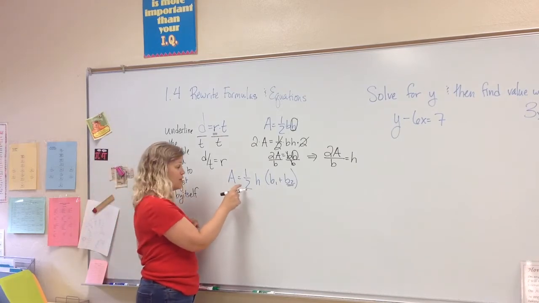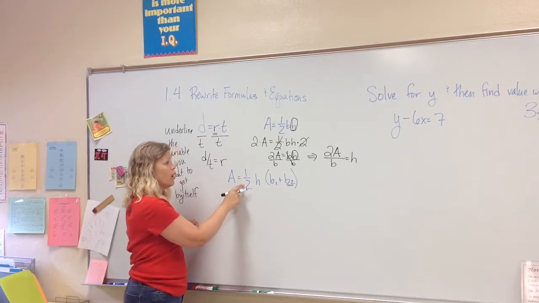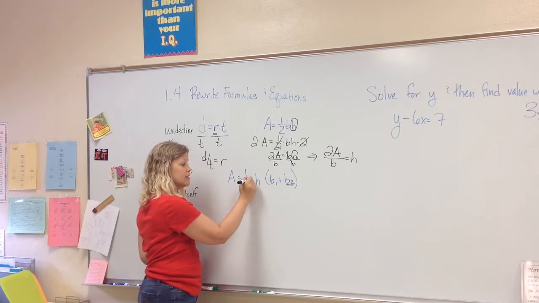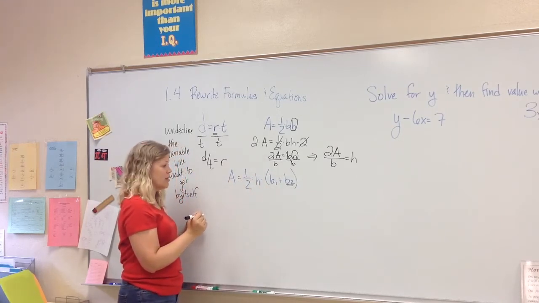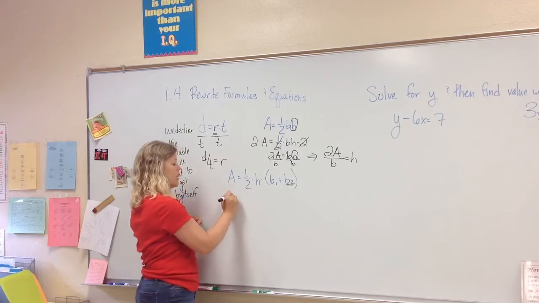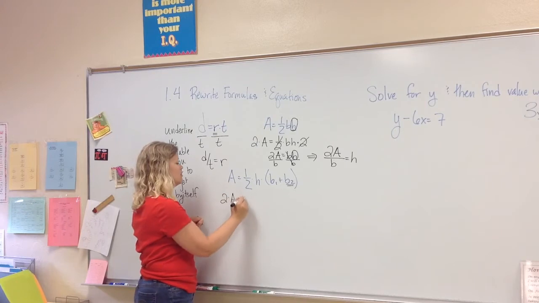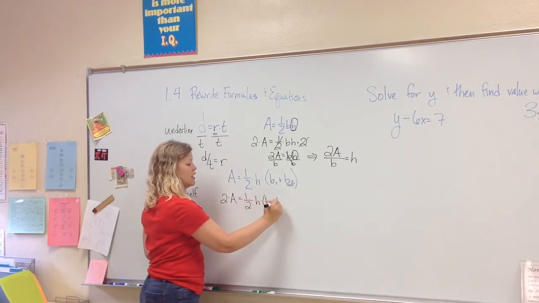I think if I were you, I'd get rid of this 1/2 because, you know, fractions are pretty scary. So, same trick that we did before. You could divide by 1/2, since these are all multiplying. Or, instead of dividing by a fraction, let's multiply by the reciprocal. What's the reciprocal of 1/2? You guys were good. It's 2.